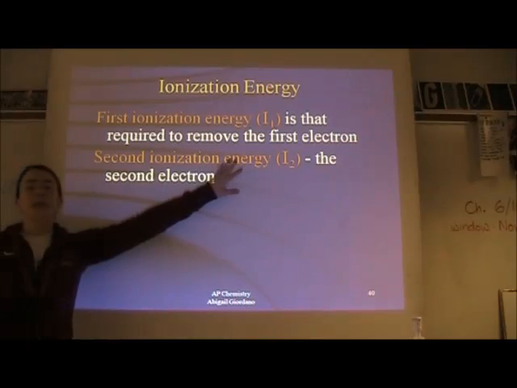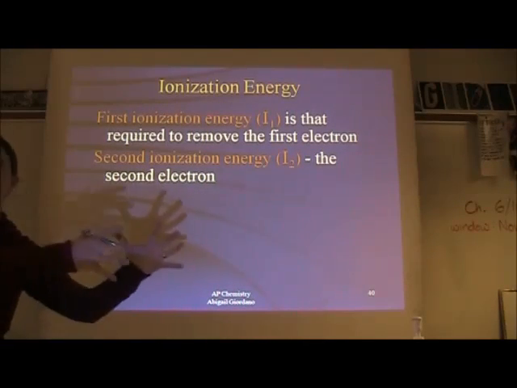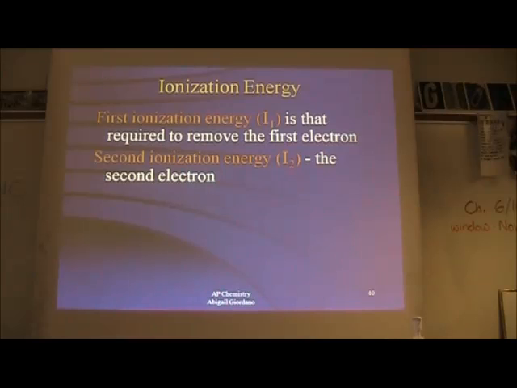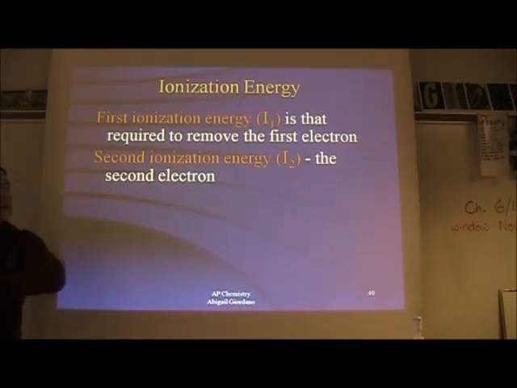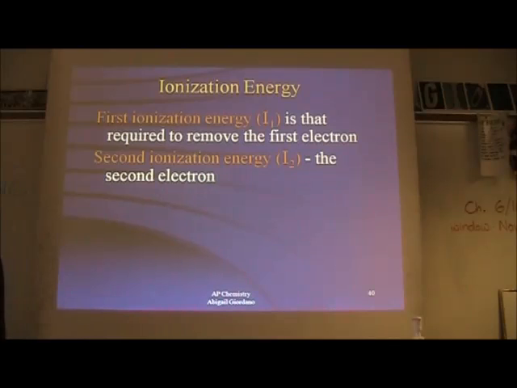This does not mean the energy required to take two electrons. That is not what it means. This means one has already been taken. How much energy does it take to remove another one? And you can have third ionization, fourth, fifth, sixth, and so on and so on and so on.